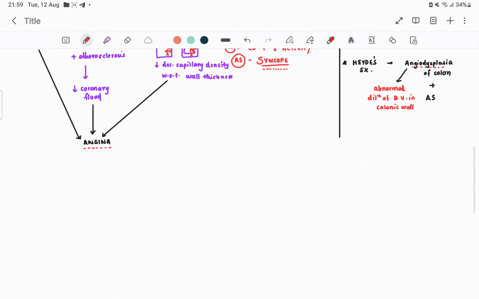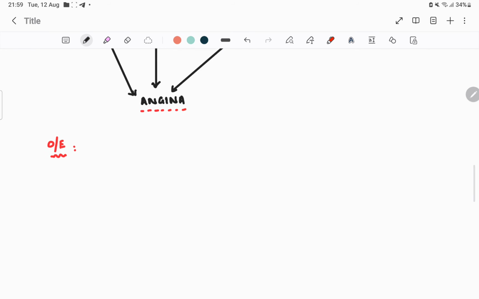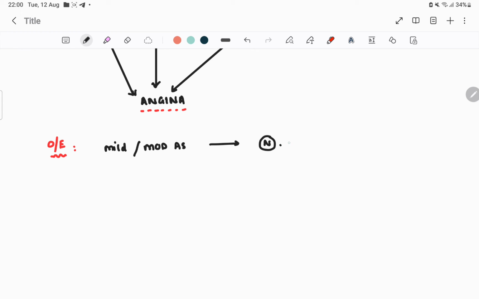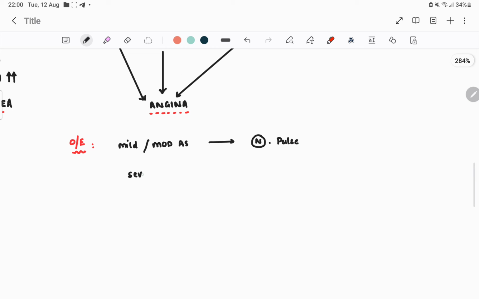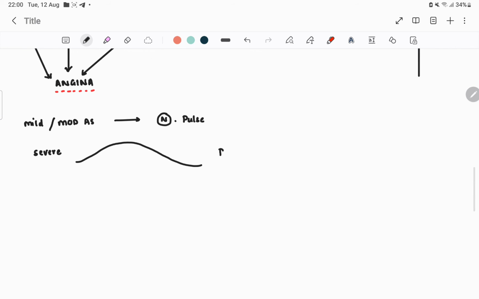Now we'll look at the findings on examination, how the patient presents. First, in mild or moderate AS, we have a normal pulse. But in severe AS, we have a slow rising pulse like this. This type of pulse is called pulsus tardus.